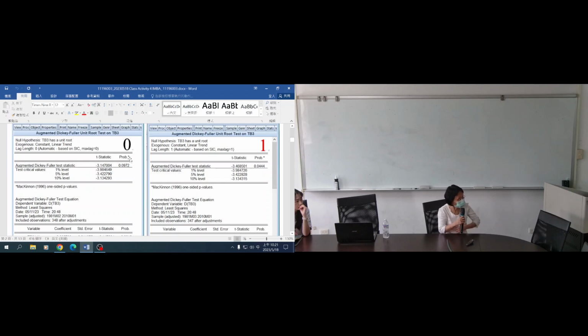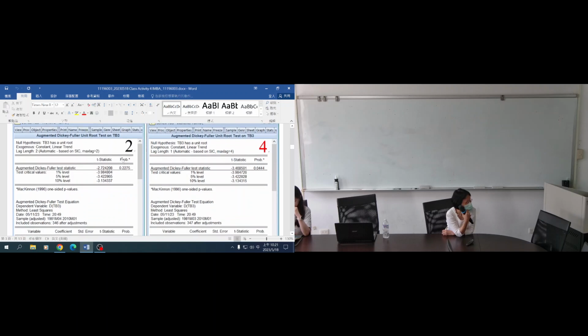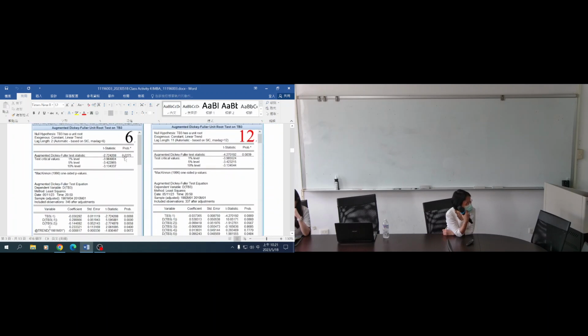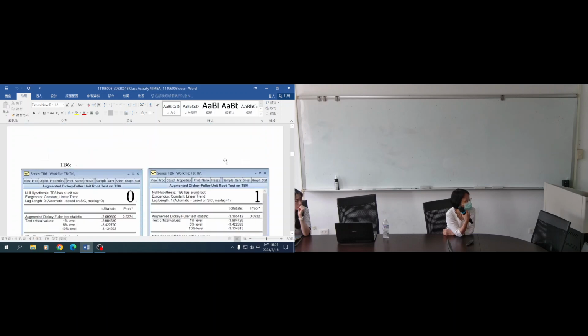I use black here, and then there's a red one which passed the 5% test. This one is 0.22, and this one is 0.04, which also passed. And this one is 0.22 again, and this one is 0.00, which also passed the test.